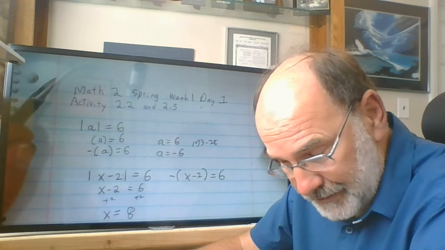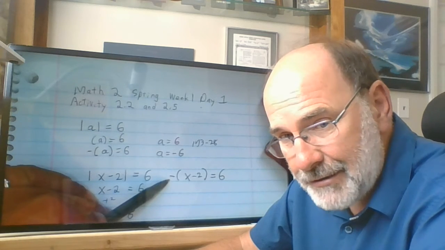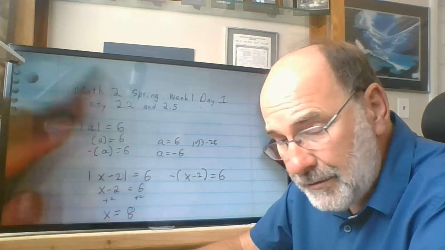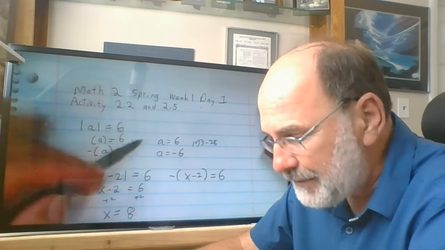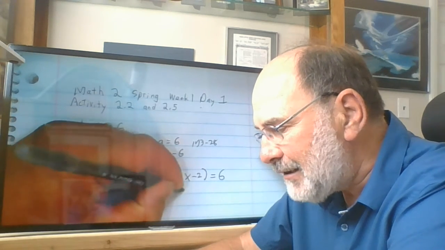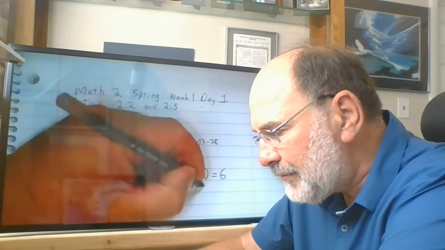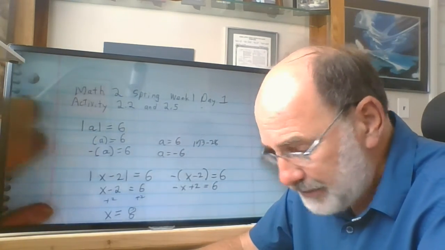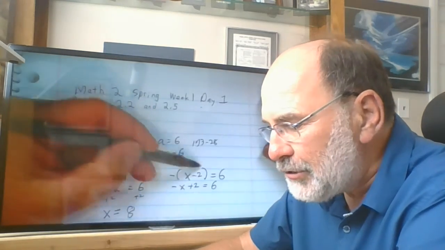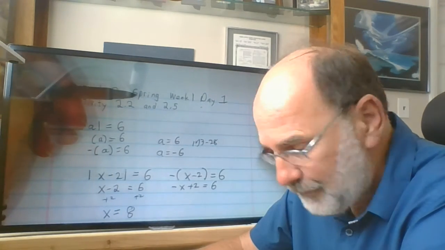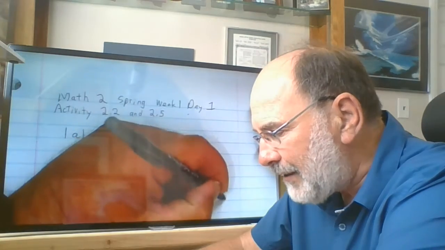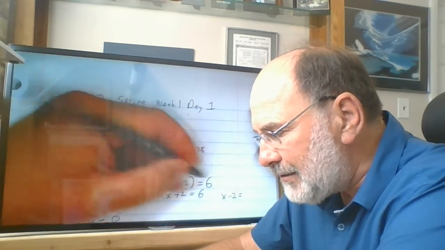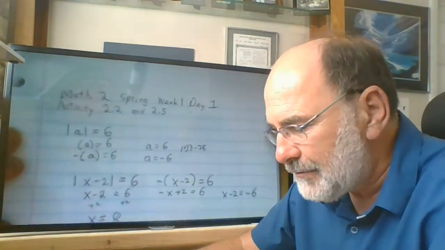Now solve for x. This time you have a minus sign out in front. If you want, you can use the distributive property, in which case this becomes negative x plus 2 equals 6. Alternatively, works just as well, you could choose to divide both sides by negative 1, in which case you have x minus 2 is equal to negative 6.